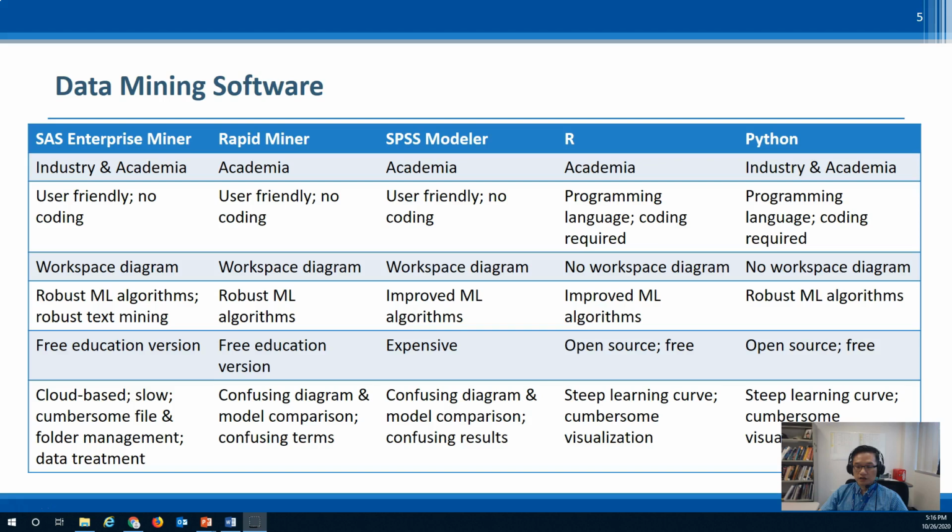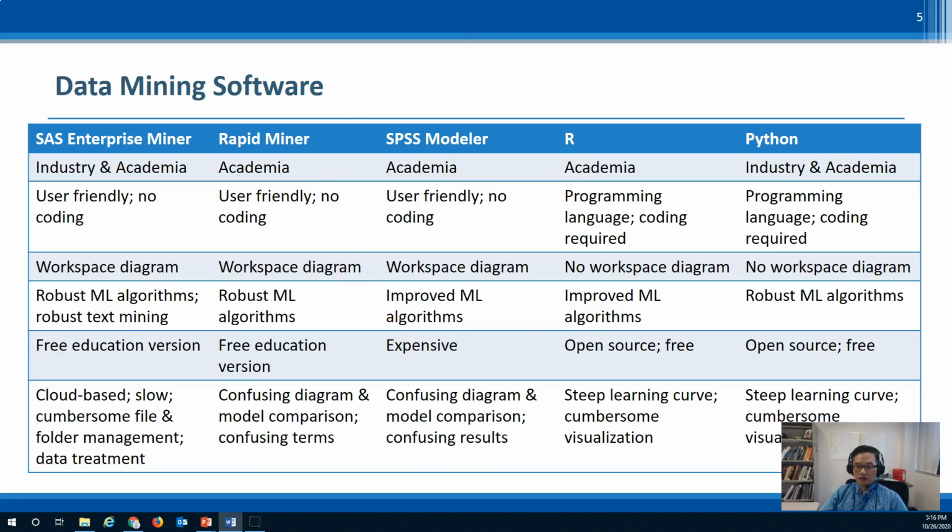Both SPSS Modeler and RapidMiner have confusing diagrams, make it hard to perform model comparison, and have confusing nodes and operator names. In both SPSS Modeler and RapidMiner, to view the output graphs, we have to go through some extra steps, especially with SPSS Modeler. SAS Enterprise Miner has an advantage here since all results in table or graph format are presented in the same node.